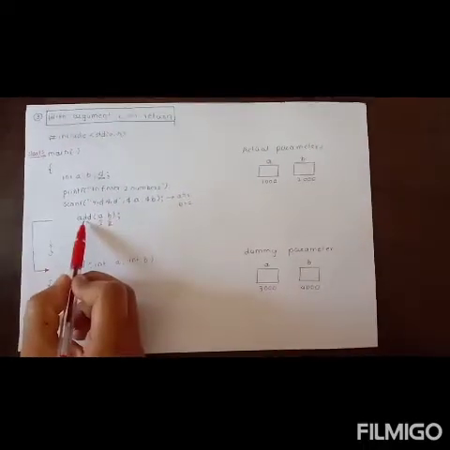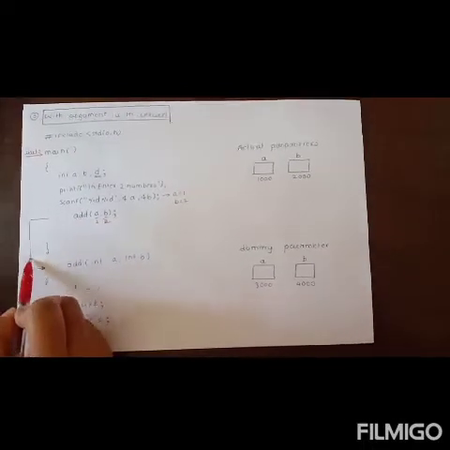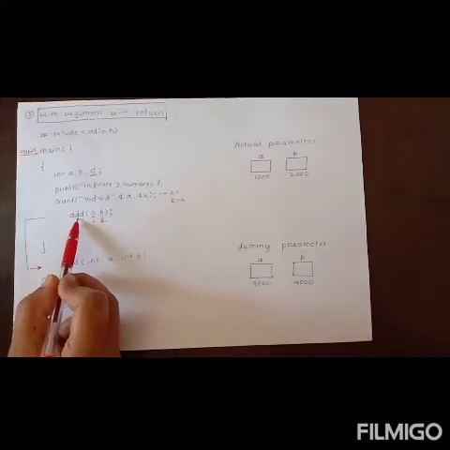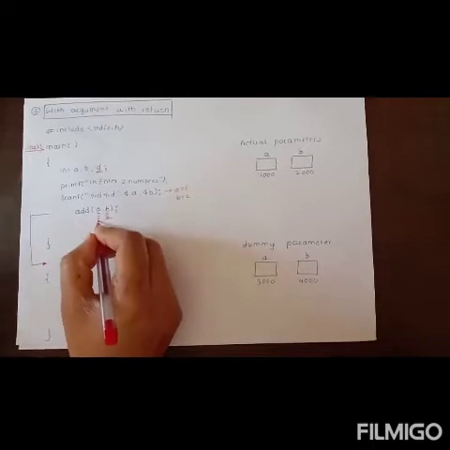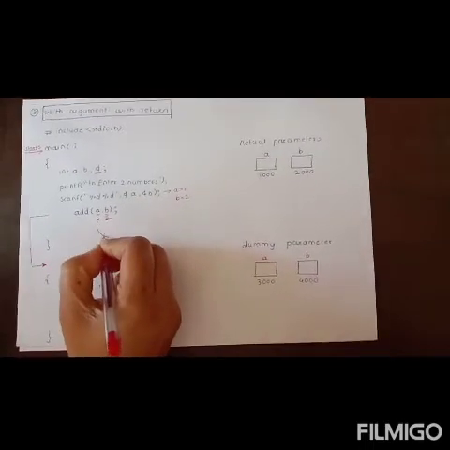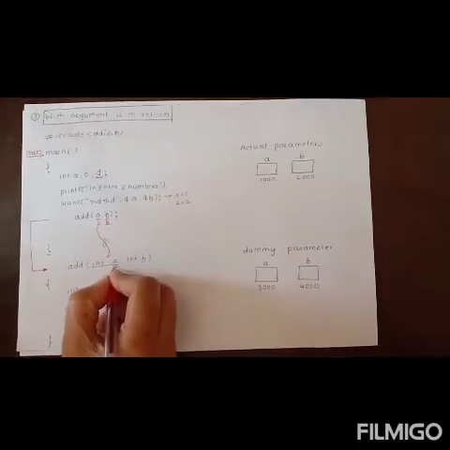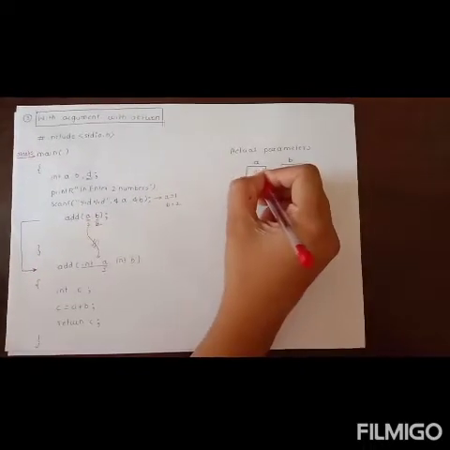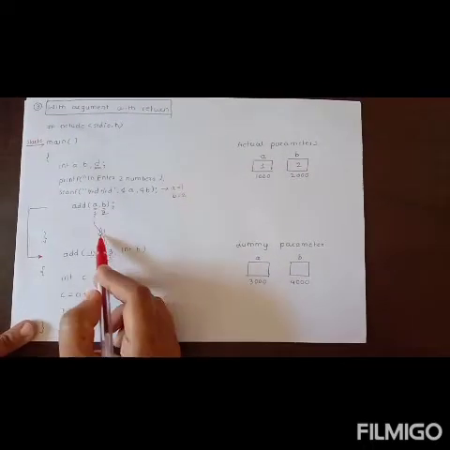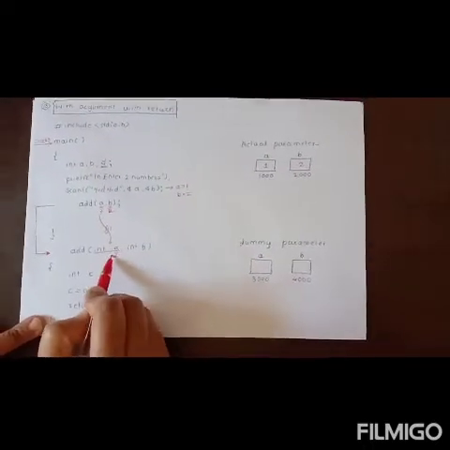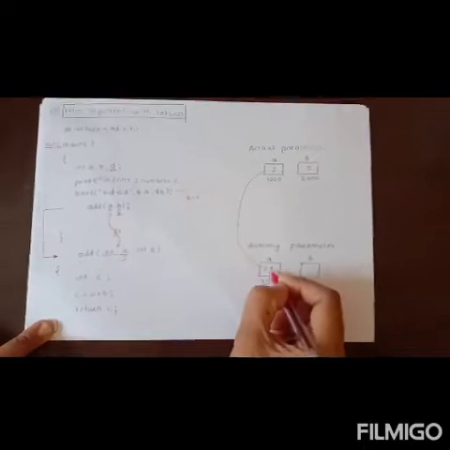Whenever we detect a function call, the compiler hands over the control to the called function. So now this actual parameter a is received by the dummy parameter a, and this a is initialized with value 1. I'll go here. This is my actual parameter, and it is received in the dummy parameter a. So I'll write it here.